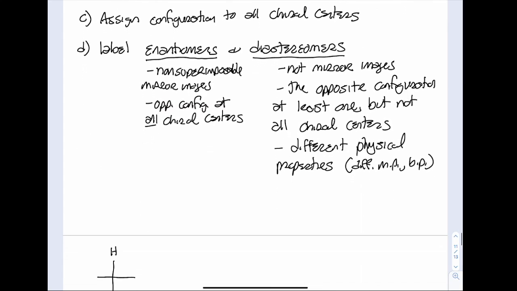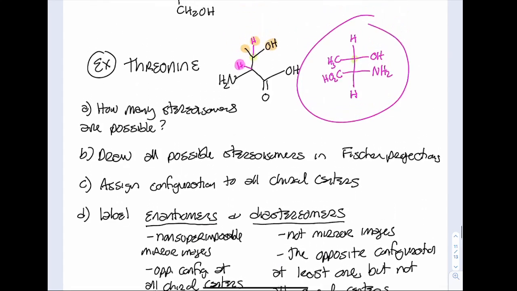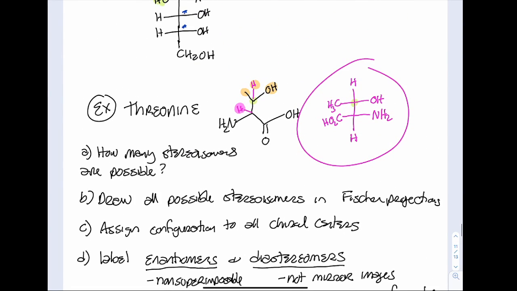I have OH, NH2, my methyl group, and then my carboxylic acid group. Make sure you're bonding those to the carbons. Okay, so this is 1. Oh, we never said how many. Sorry guys, we have 2 chiral centers, right? So how many possible stereoisomers am I going to have?